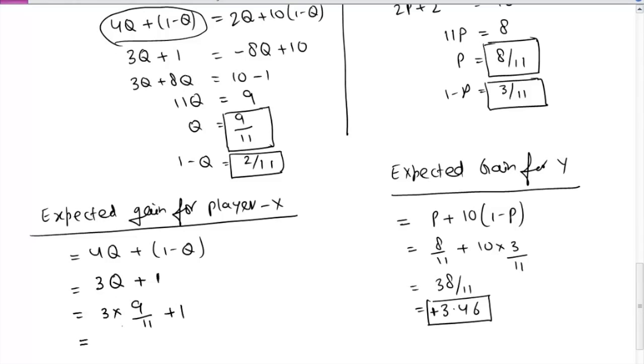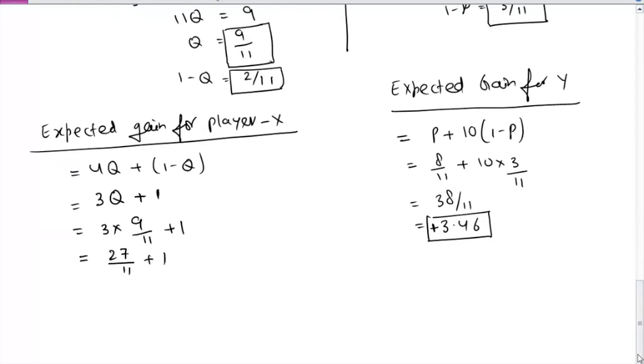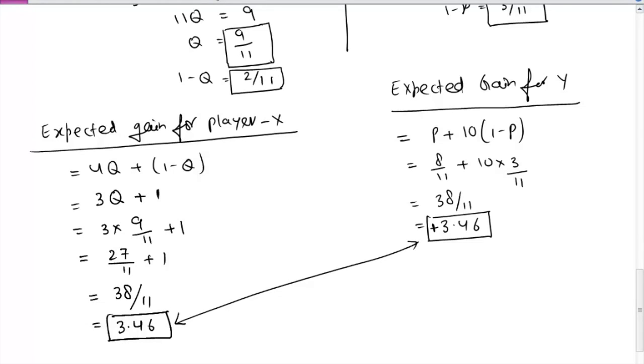So this will give us 27 over 11 plus 1. And if you simplify this, you get 38 over 11, which is the same number we got earlier, 3.46.